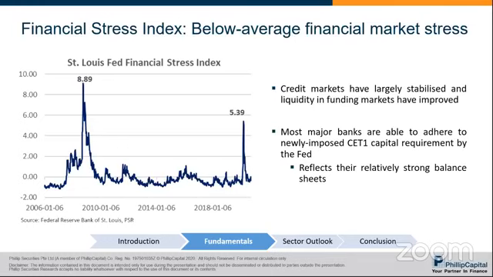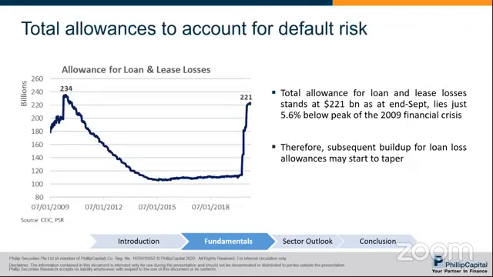And most major banks are also able to adhere to the CET1 capital requirement by the Fed. This reflects their relatively strong balance sheets to tide through this COVID situation. The total allowance that banks attribute for default risk is currently very close to the peak of the 2009 financial crisis.